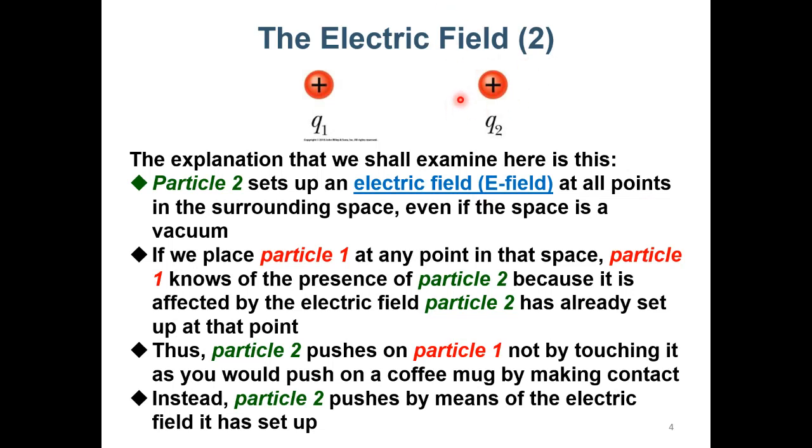Although at some points it may be stronger, at some points weaker, as long as it sets up a field, in this case an E field, then when we place particle 1 inside the field, actually the whole space is the field. So when Q1 is here, it will sense the field generated by particle 2. Particle 2 pushes on particle 1, not by touching it.